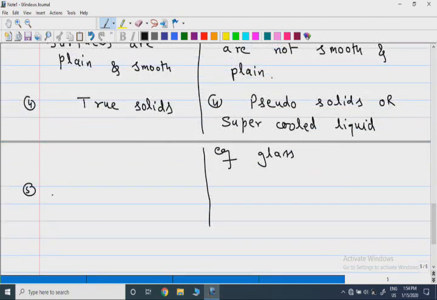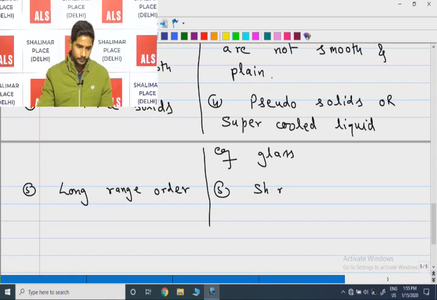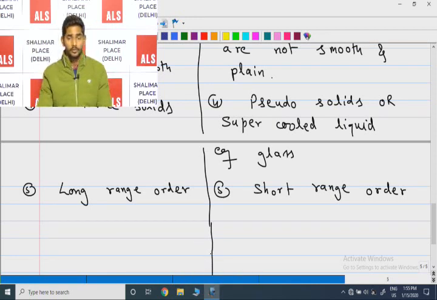Number 5. They have long range order, and they have short range order. What is the meaning of long range and short range? Ultimately, it represents the arrangement of the particles.